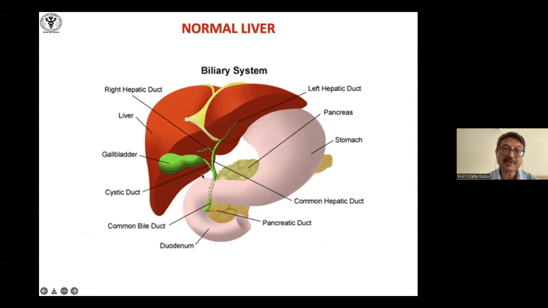So in the liver, you have two venous systems, a portal and a hepatic venous system. There's a systemic one. Then you have an arterial system and a biliary system, all mingling in this wonderful organ which has thousands of metabolic functions to do. So therefore, the problems are plenty.